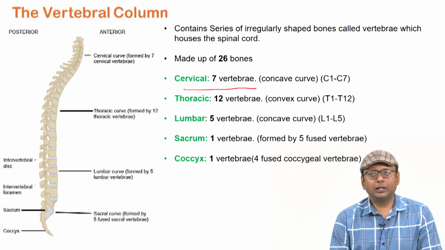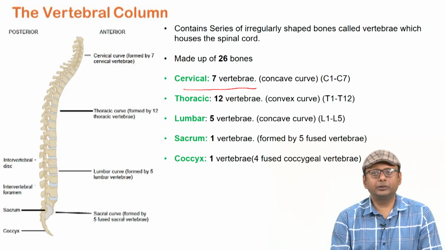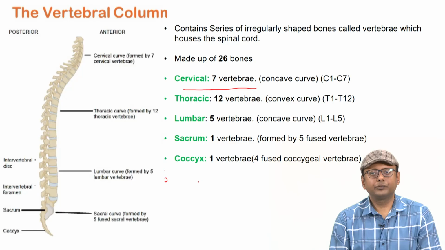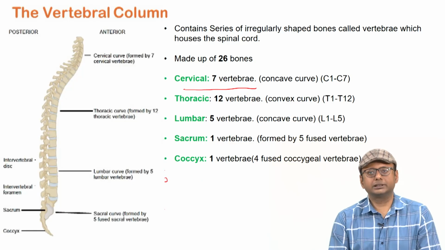After the cervical region, we have 12 thoracic vertebrae, T1 to T12. Then we have 5 lumbar vertebrae, L1 to L5, and lastly one sacral and one coccyx.